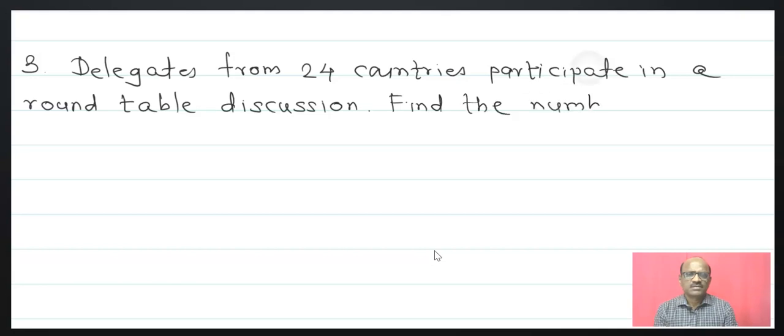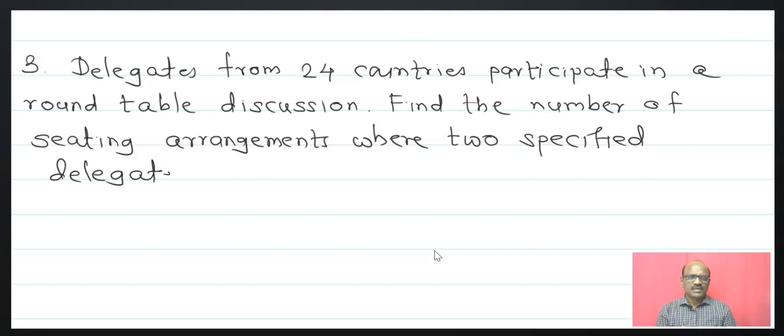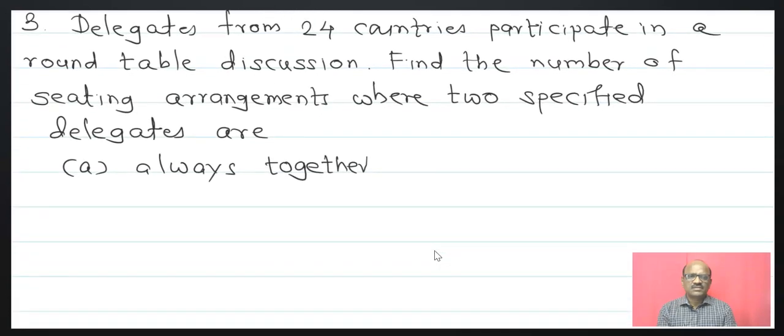Find the number of sitting arrangements where two specified delegates are, first, always together, second, never together.